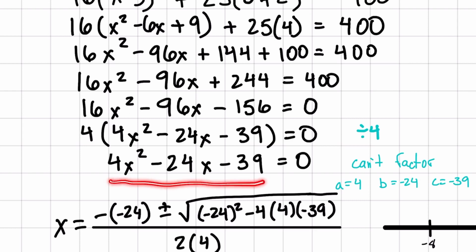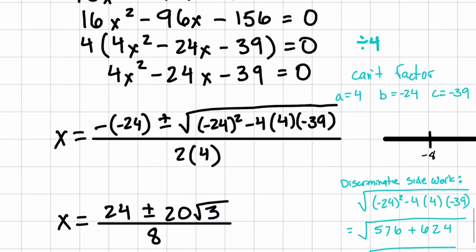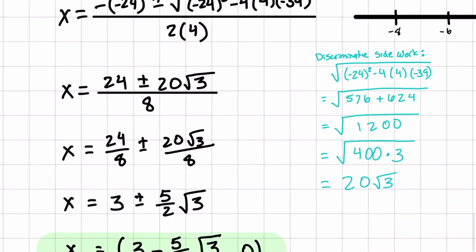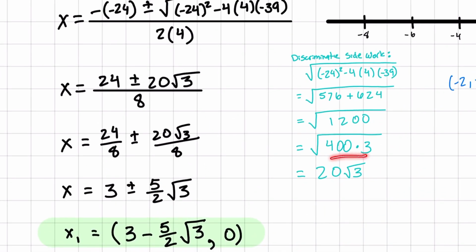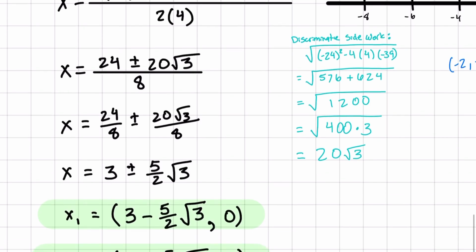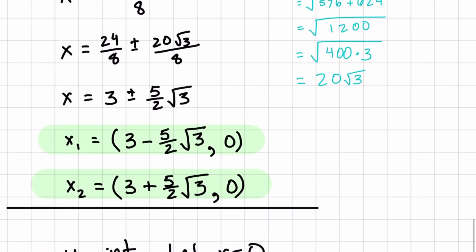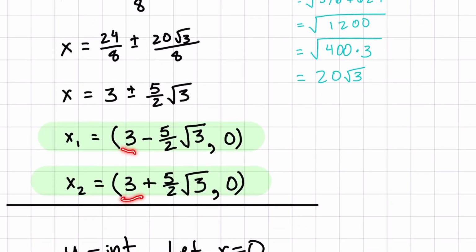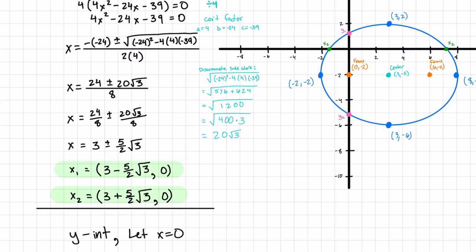You can try factoring it, but it's not going to work, so we use the quadratic formula. After taking the square root of the discriminant, we get 20 square root of 3, and then we can reduce, and we get 3 plus or minus 5 halves square root of 3. Those are my x-intercepts, and that puts them here.